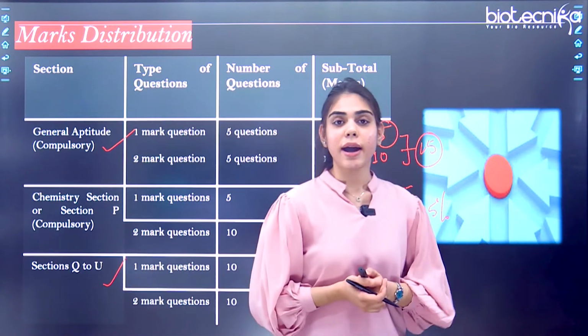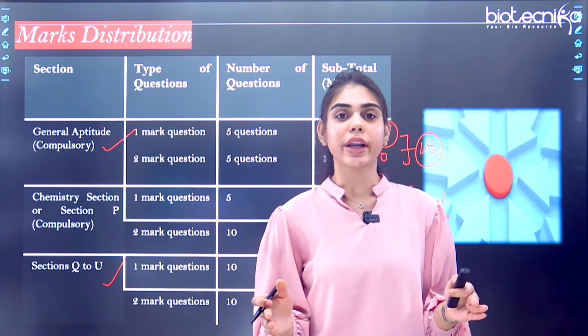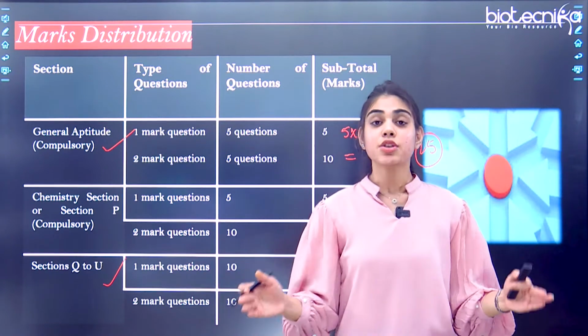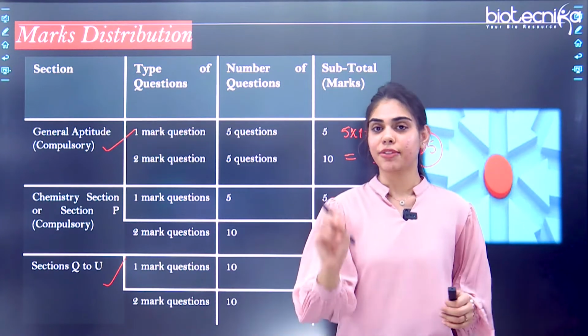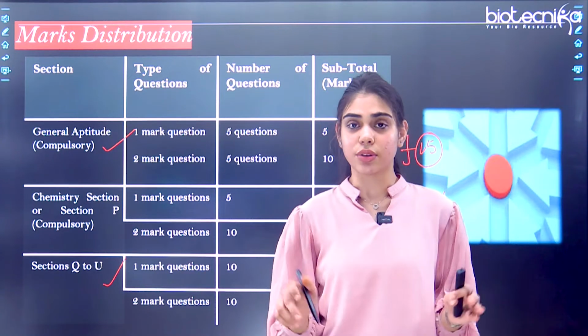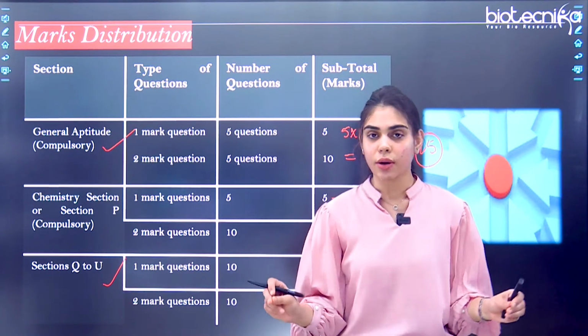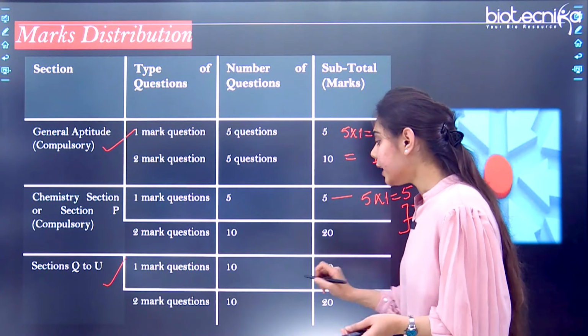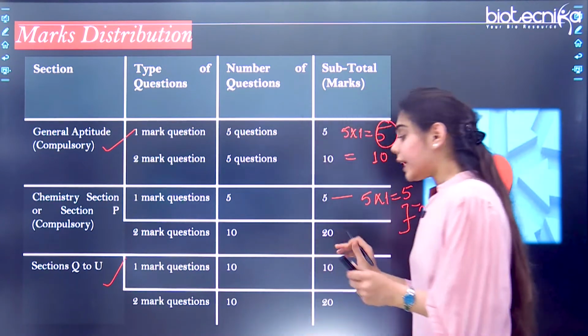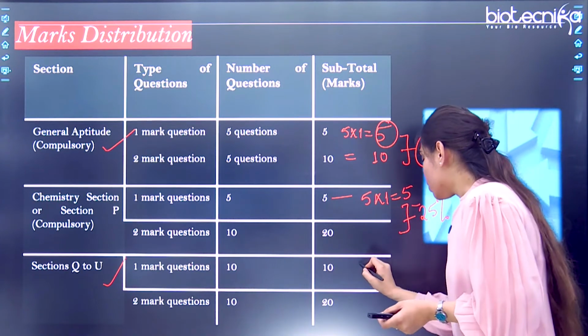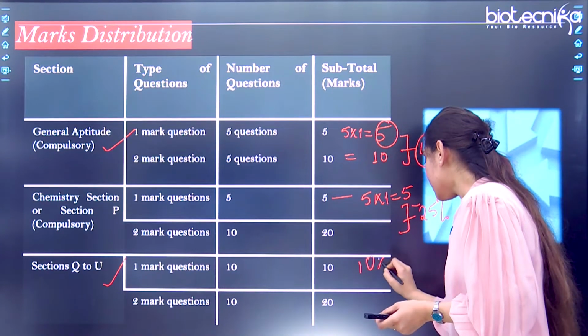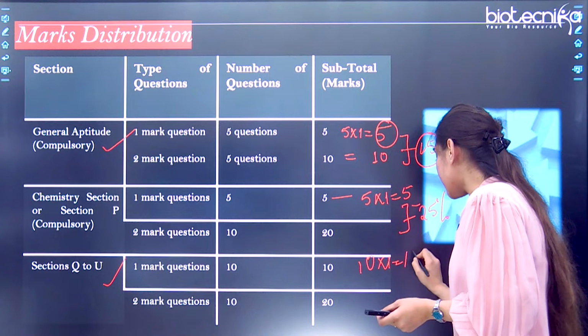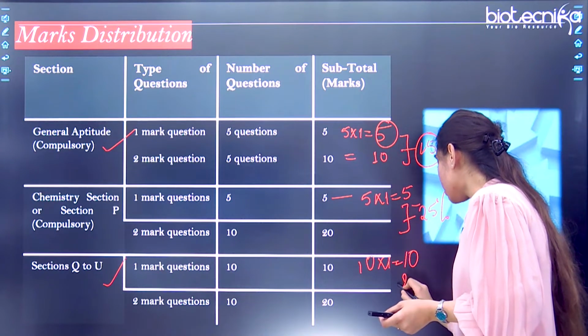Now coming to part 3, that is the most scoring and important subjective part. Under part 3, you will have 5 sections, out of which you have to select 2 sections of your interest. So select accordingly. Here you will get 10 questions of 1 marks. So 10 into 1 is 10 itself, and you will also get 10 questions for 2 marks, that is 20.